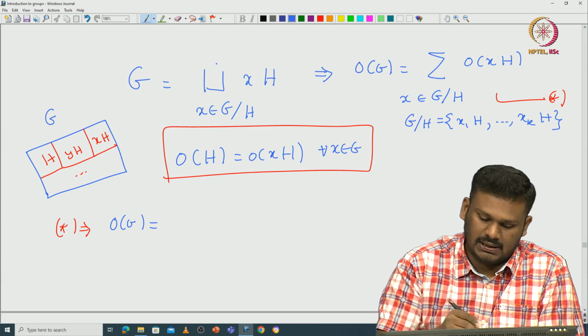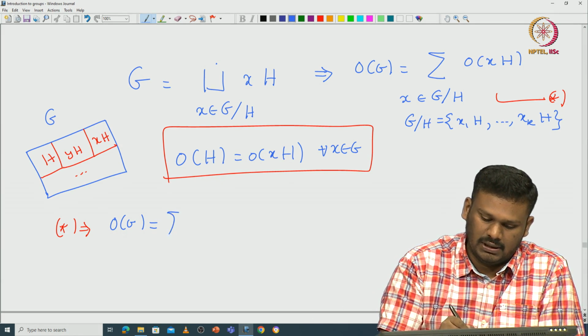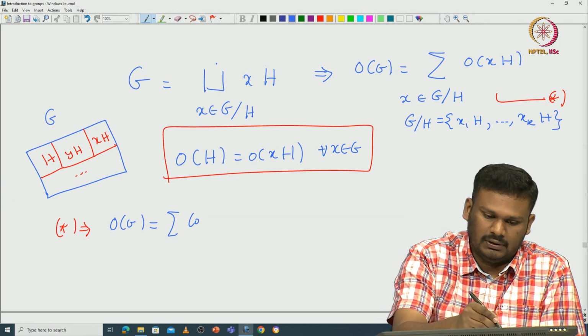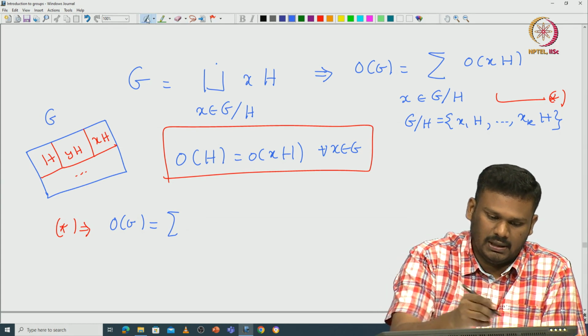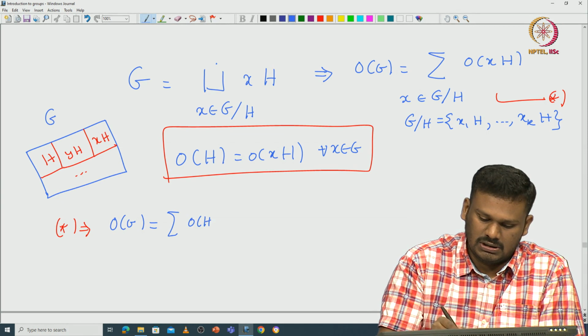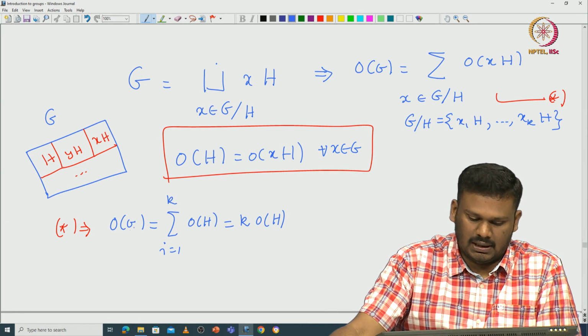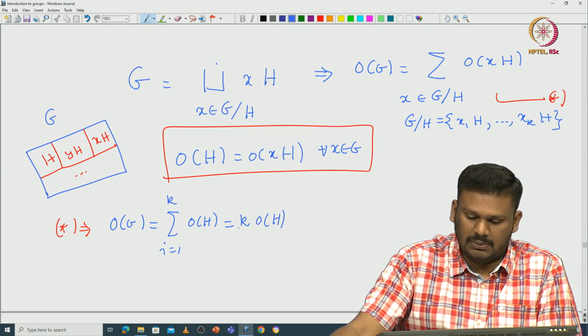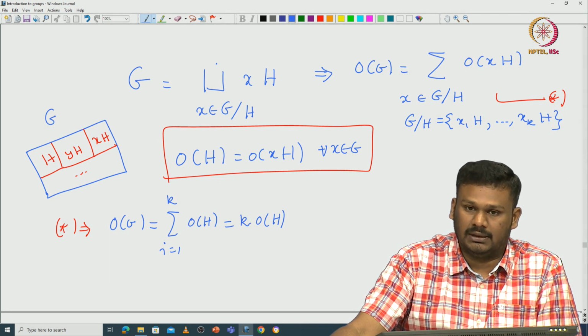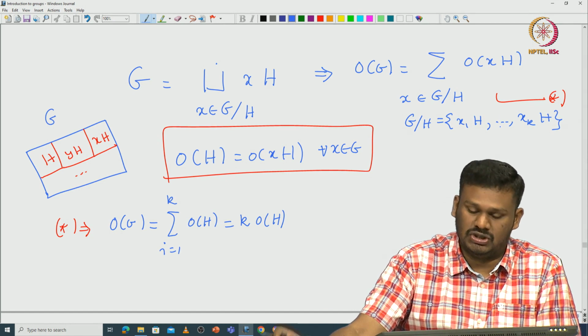Then it is clear that the order of G is the order of H summed from i equal to 1 to k, which is exactly k times the order of H. So, it is not only saying that the order of G is some multiple of the order of H, that multiple is determined by the number of left cosets of H in G.